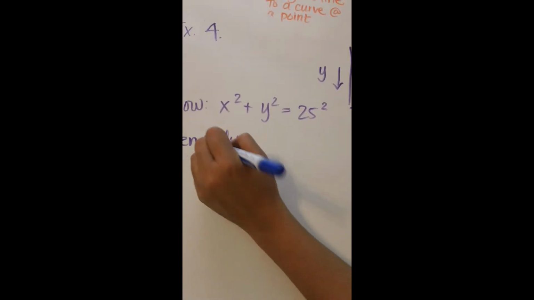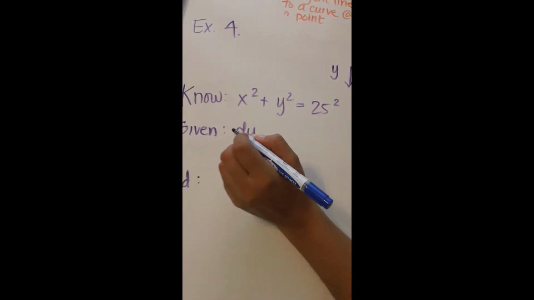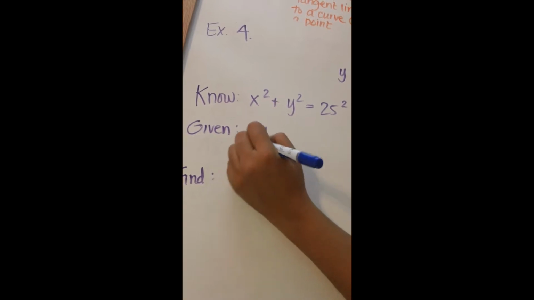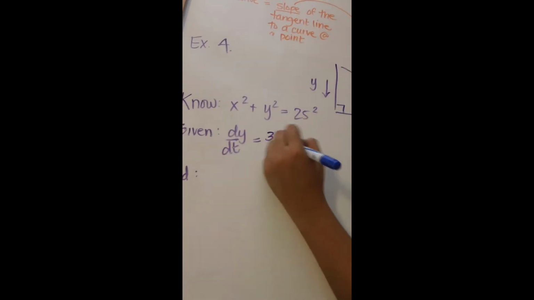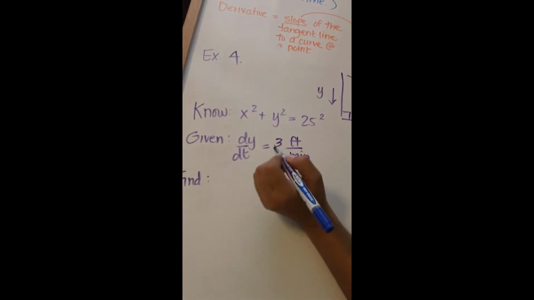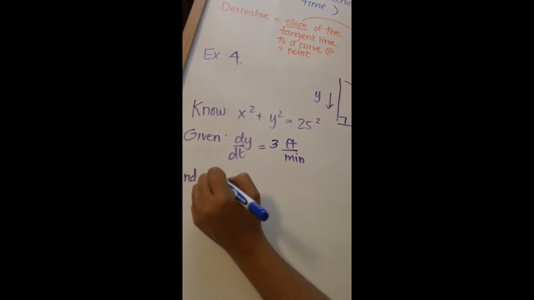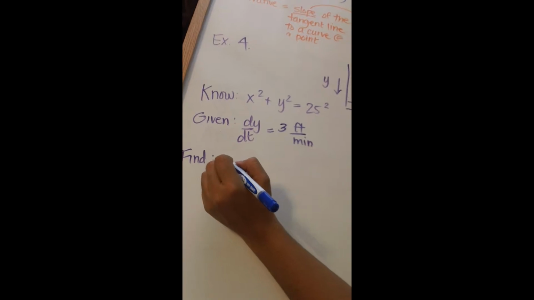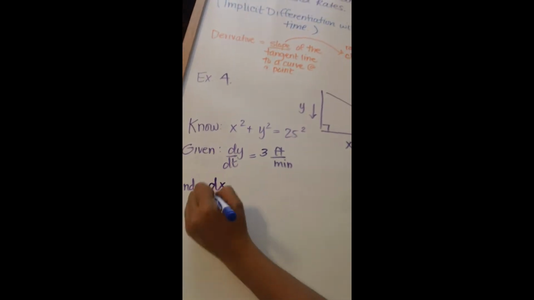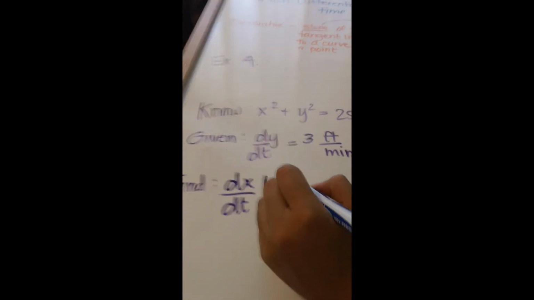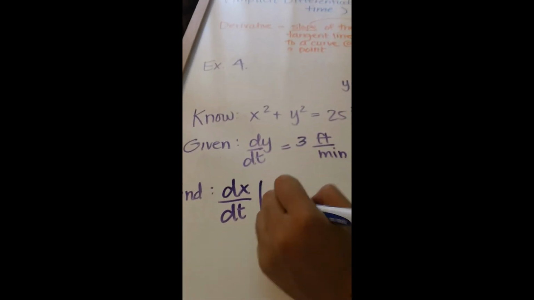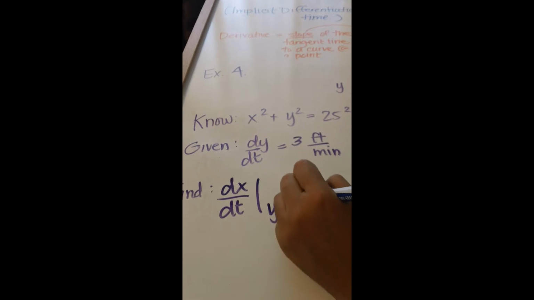We're given that it's sliding down the vertical wall at a constant rate of 3 feet per minute, and we're asked to find the rate of change of the distance between the bottom of the ladder and the wall, which in this case is dx/dt, when it's 7 feet from the ground, so when y is equal to 7.